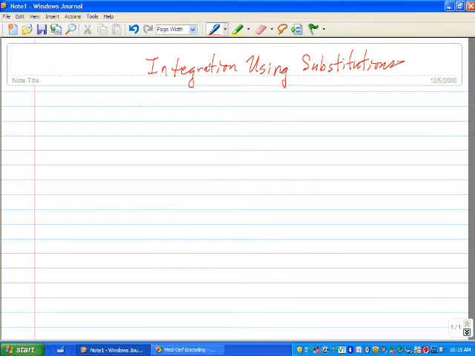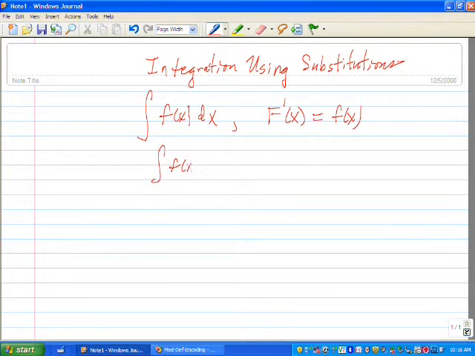Now, if you have a simple integral, the integral of f of x dx, and you happen to know its antiderivative capital F of x such that F prime of x is equal to f of x, then you can simply write down the integral of f of x dx is equal to capital F of x plus a constant.